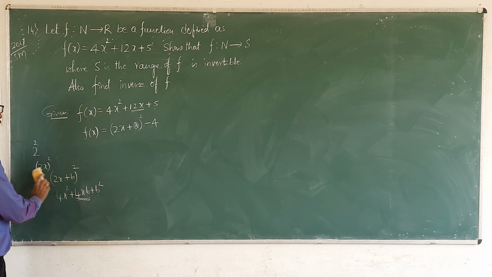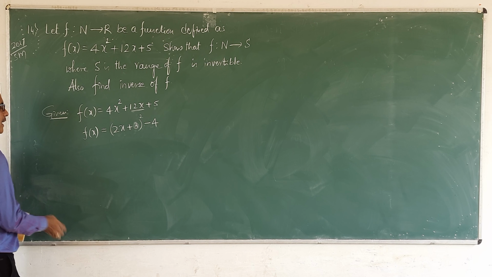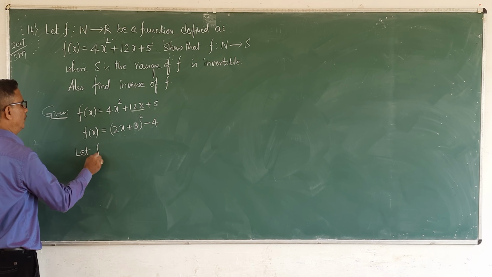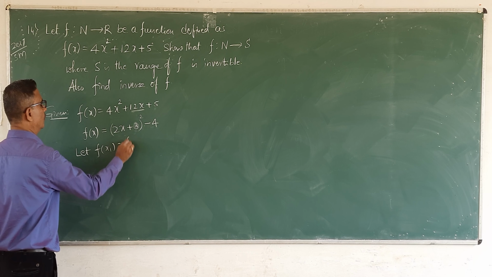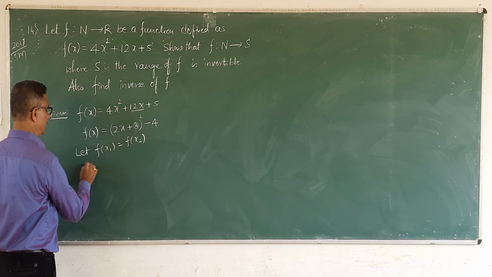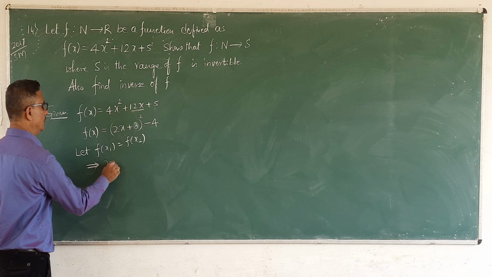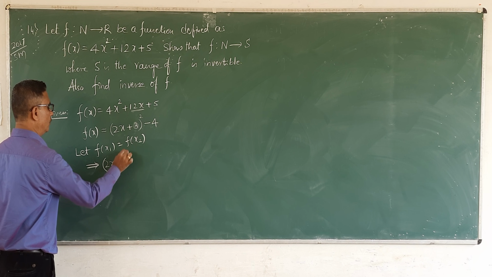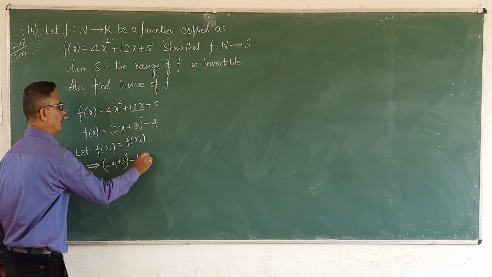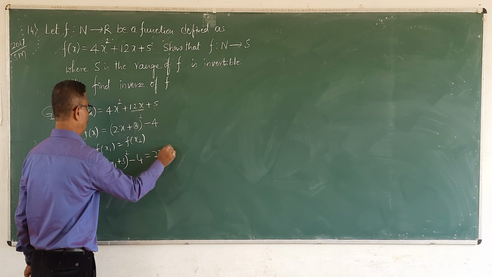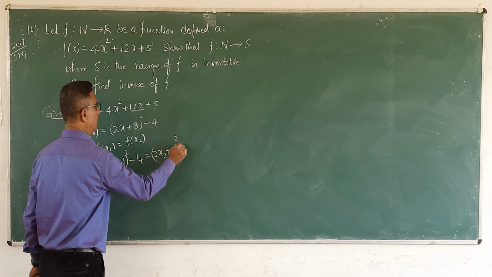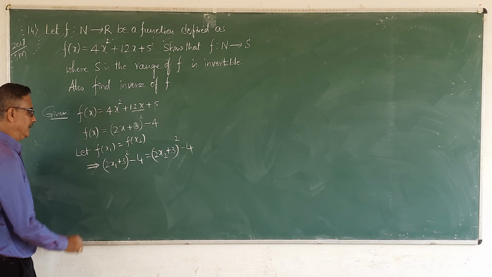Right? Now to prove that it is one-one as well as onto. Let f of x1 is equal to f of x2. To prove that x1 is equal to x2: f of x1 value (2x1 plus 3) whole power 2 minus 4 is equal to (2x2 plus 3) whole power 2 minus 4. Right?